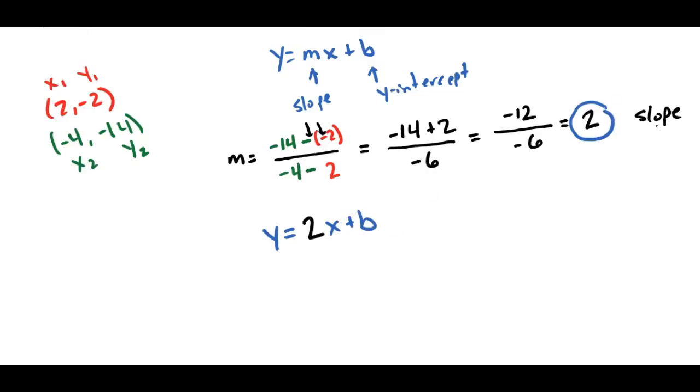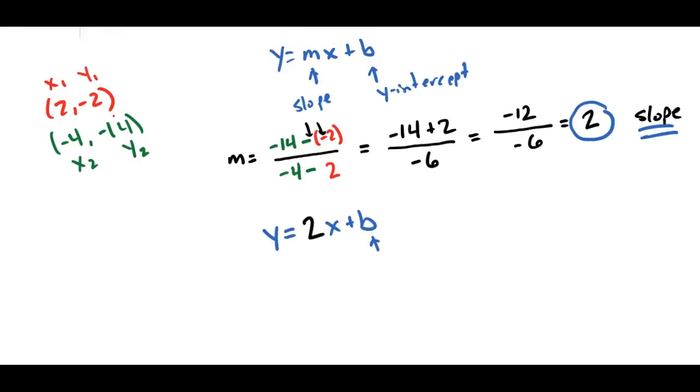All right, so I know my slope. We figured that out. Now what we need to figure out is what's the b value. So choose one of the two ordered pairs. It doesn't matter which one you pick. So I'm going to use x1, y1.